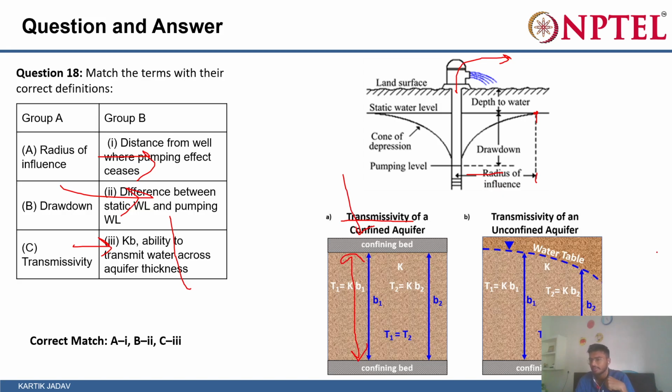While in the case of an unconfined aquifer, the aquifer thickness varies in nature. Due to that, the value in our equation is also different in this case, because you can see h1 and h2 are constant here, and h1 is different and h2 is also different depending on how far it is from the well.